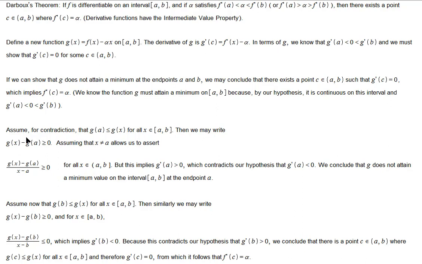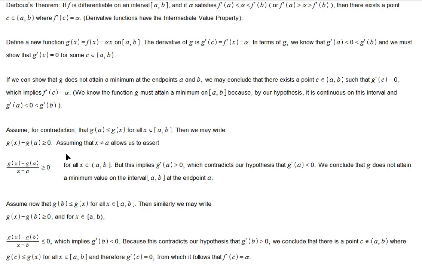Okay, so our argument is by contradiction. Assume for contradiction that g of a is less than or equal to g of x for x in the closed interval from a to b. So we are going to assume that g attains a minimum value at a. Then we may write g of x minus g of a is greater than or equal to 0.